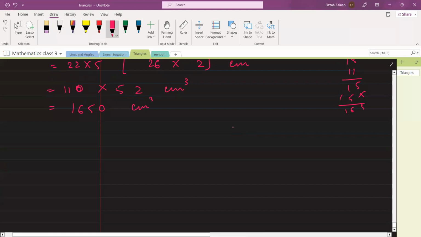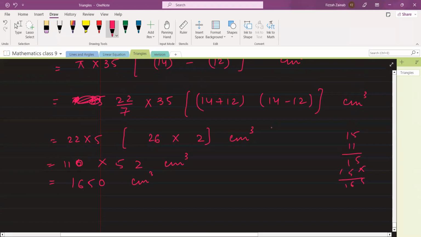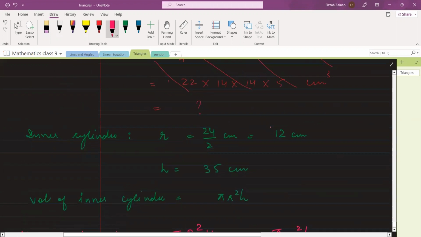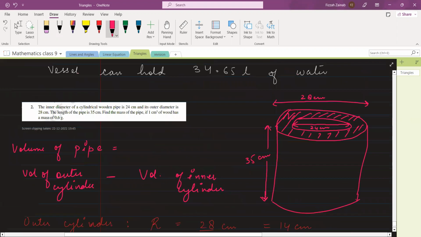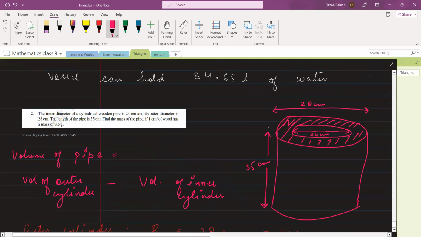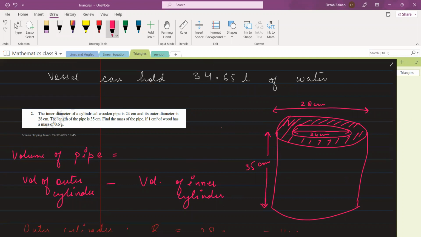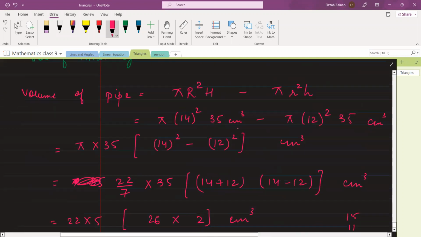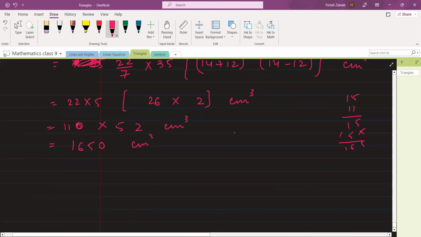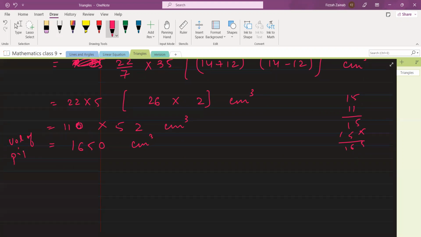Now some conversion is given in the question. Please read the question again. What you have to find here is mass. Find the mass of the pipe if 1 centimeter cube of wood has a mass of this. So let me just write down. So this is your volume of pipe, right?